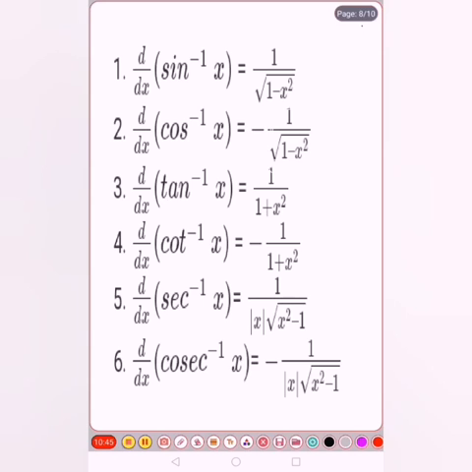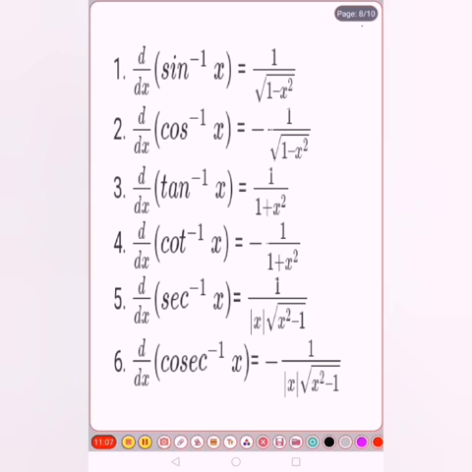Now if you see cot inverse x, that is minus of 1 by 1 plus x square. This is the same as tan inverse x, but the only difference is, as I already said, if c comes, a minus sign will come. Now sec inverse x is 1 by mod x into root of x square minus 1.